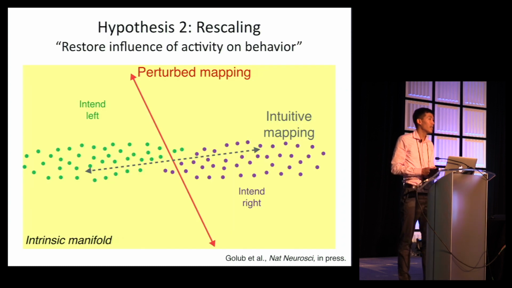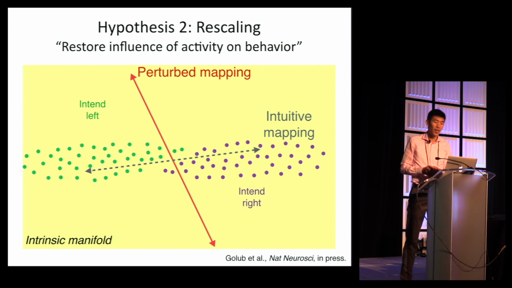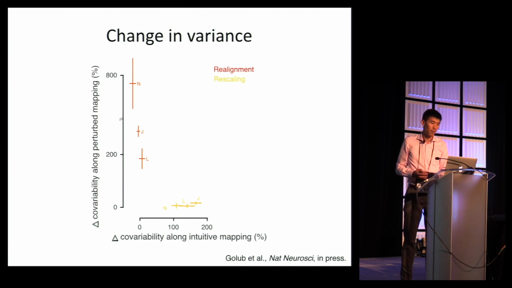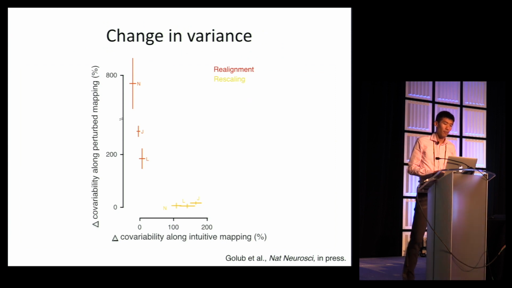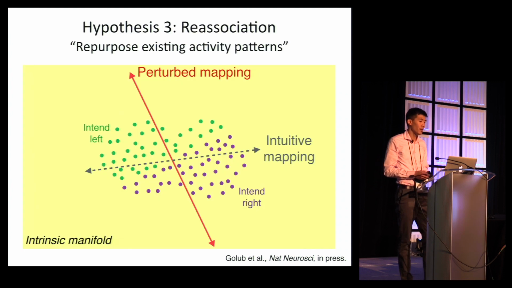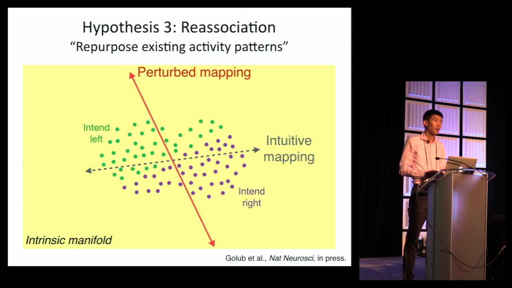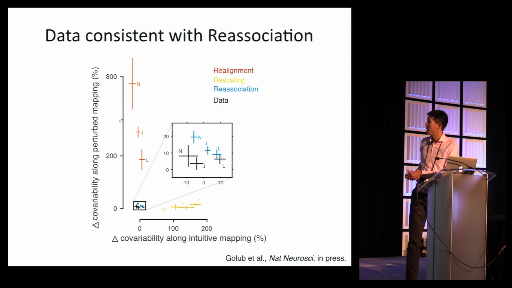In contrast, for rescaling, we see an increase in variance along the intuitive mapping and little change along the perturbed mapping. And reassociation predicts little to no change in the variance along either of the two mappings, which is why the blue points are here near 0.